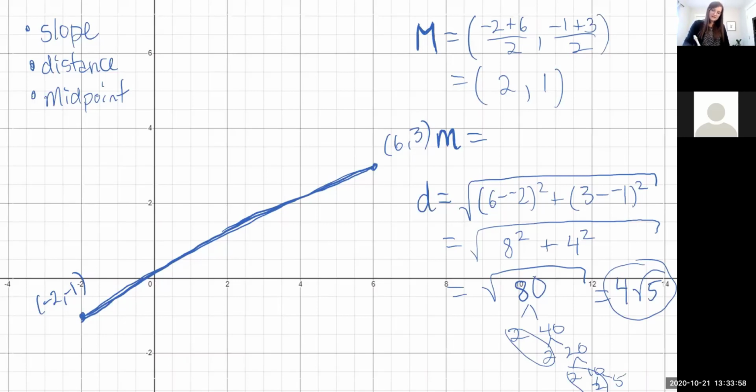So this is a really tricky part. A lot of people forget to put the y, the rise, first. So the difference of the y values over the difference of the x values.